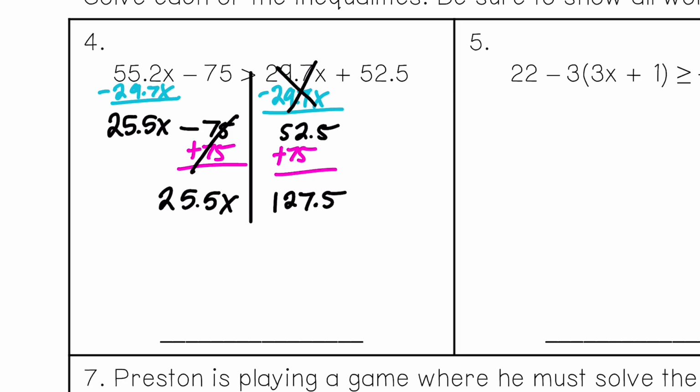Lastly, this is 25.5 times x, which means we need to divide by 25.5 on both sides. From here I get x is equal to, not equal to, greater than 127.5 divided by 25.5, which is 5. And there we go.